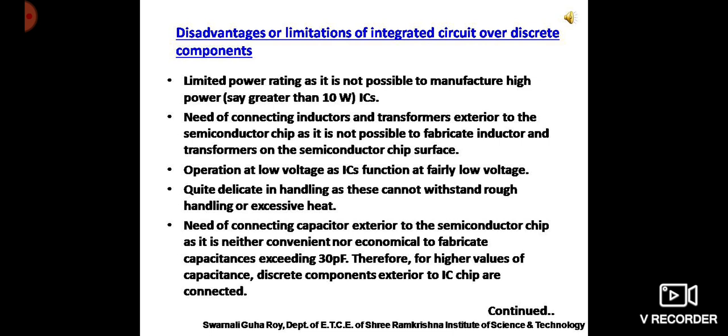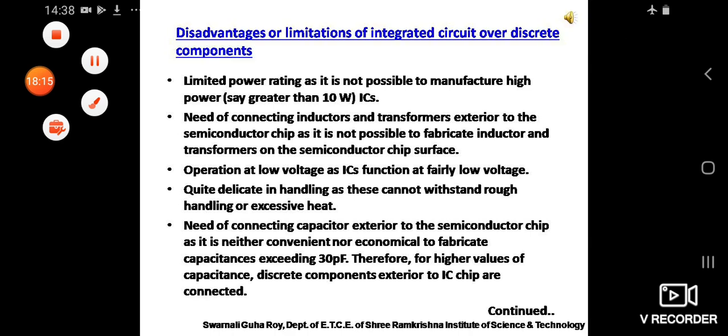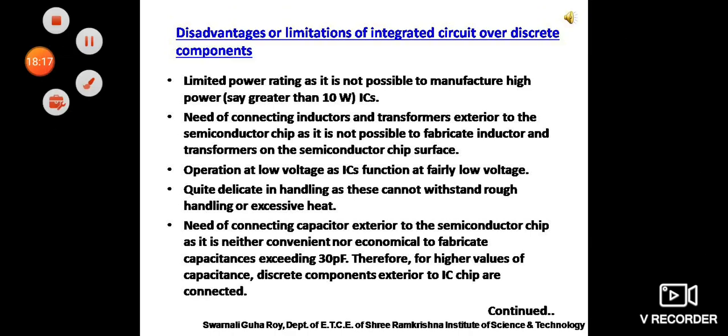In that case, we have to connect the capacitor externally to the chip. Therefore, for higher values of capacitance, discrete components exterior to IC chips are required.